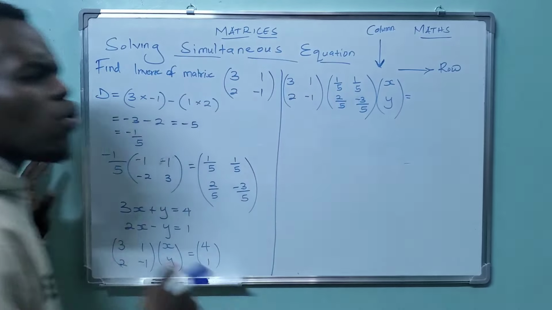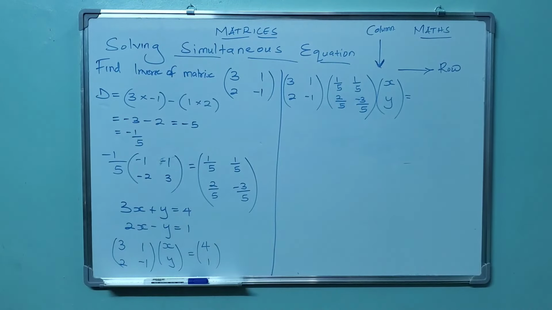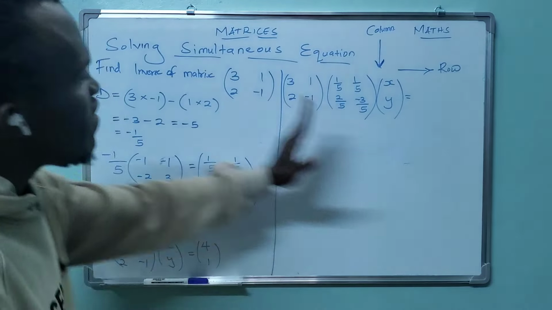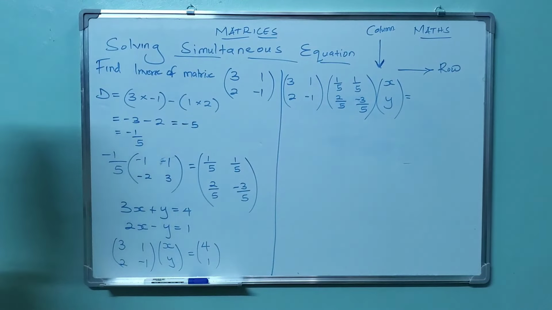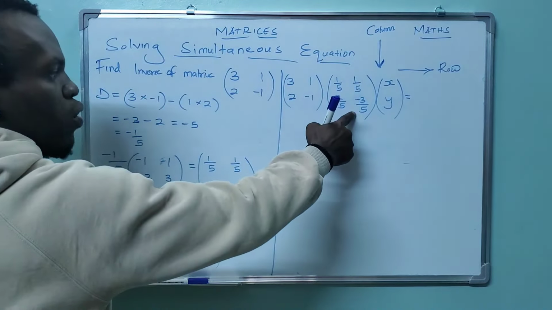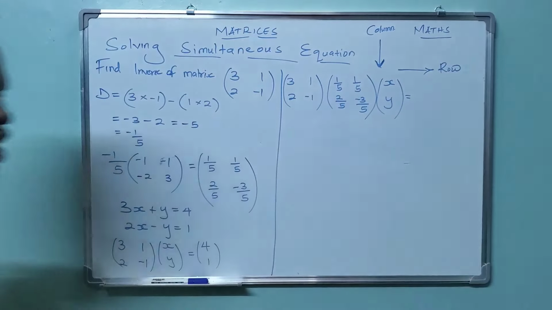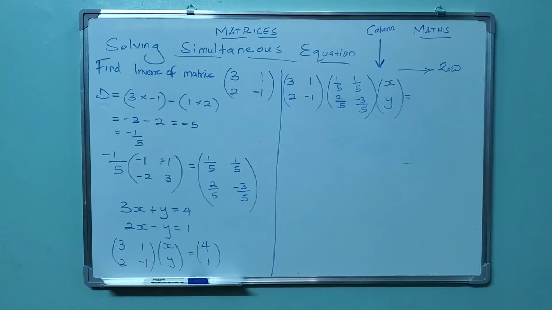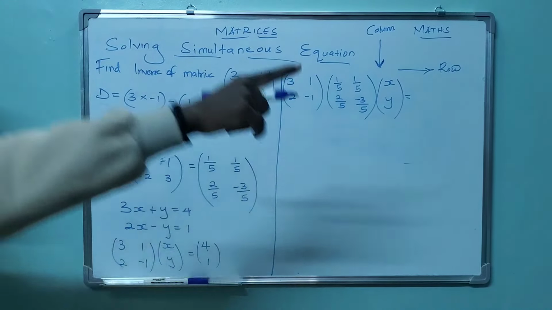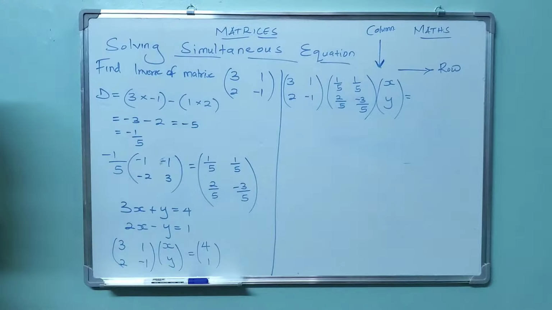being equals to. Now, in most cases, under simultaneous equation, whenever you're multiplying, remember you have to multiply this side of the equal sign. The left-hand side of your equal sign, you have to multiply with the inverse. Also, the right-hand side of the equal sign, you have to multiply with the inverse. I usually advise students, whenever you want to multiply with the inverse on the other side, always first of all write the inverse of the matrix.